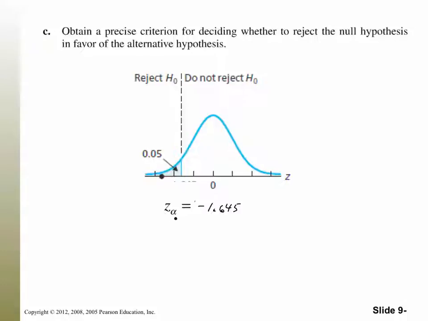So that's the z-score for a significance level of 5%. And that means there's an area to the left of 0.05, and that's the place where we're rejecting the null. That's where we're going to reject the null hypothesis.